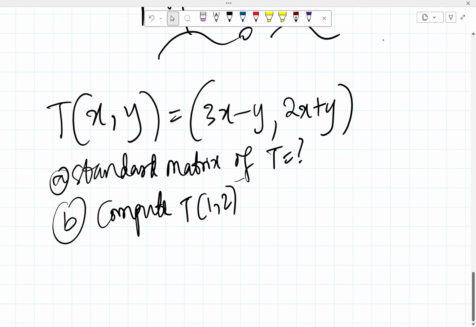And you can see this is two-dimensional, that's R squared to R squared. So in this case, what's the first thing we do?